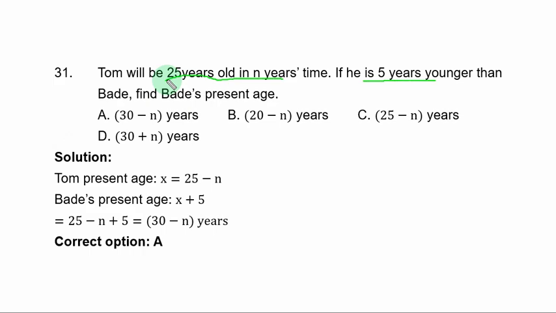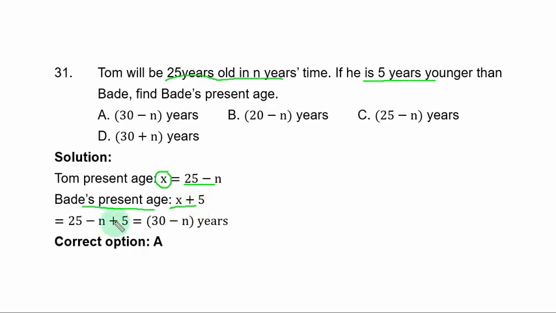So Tom's present age is 25 minus n, because he's not yet in the future, and let that age be s. And if he's 5 years younger than Bade, that means Bade's present age is s plus 5.